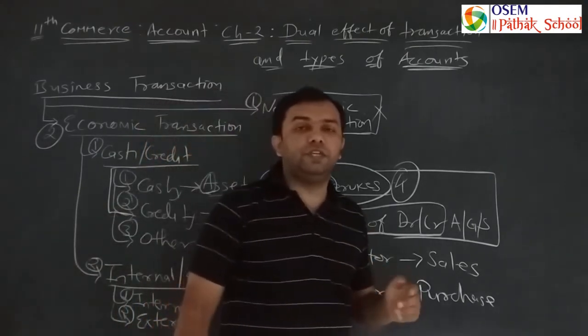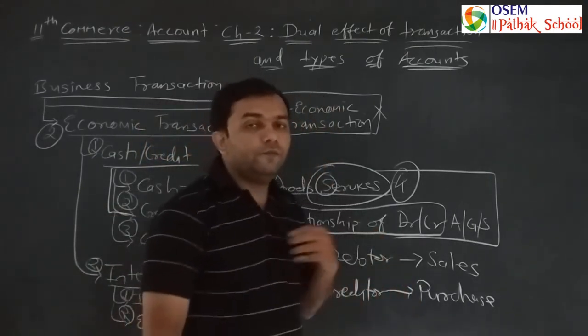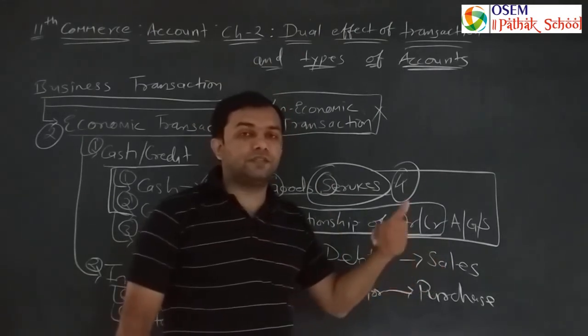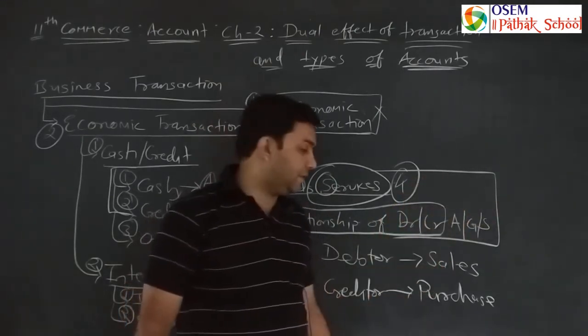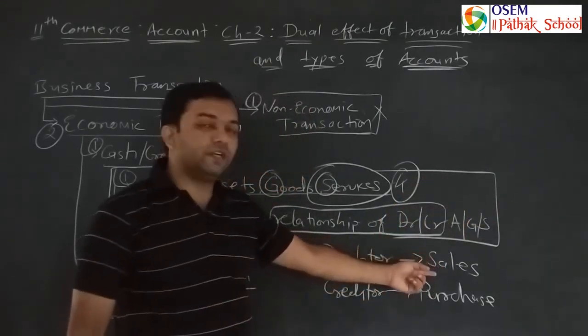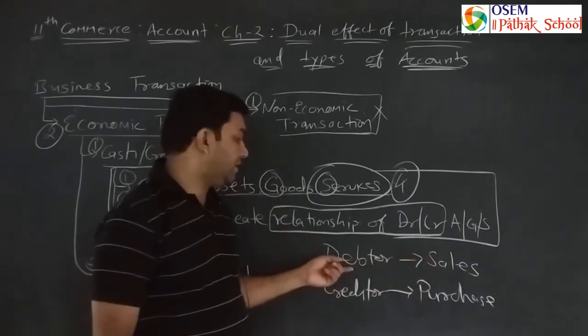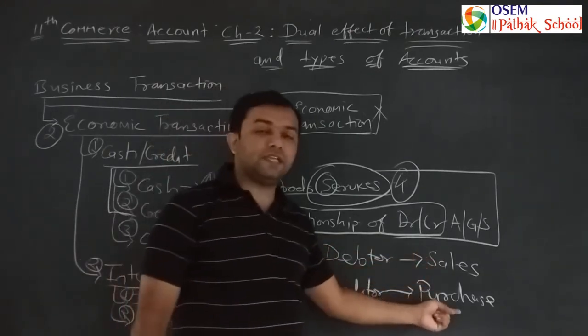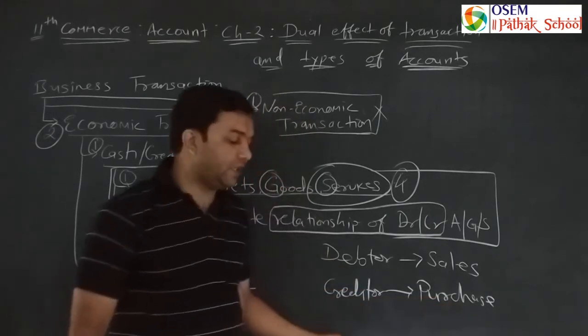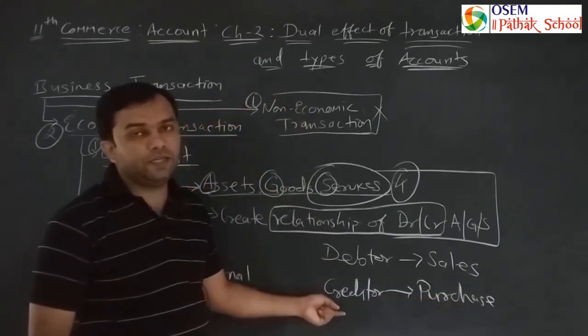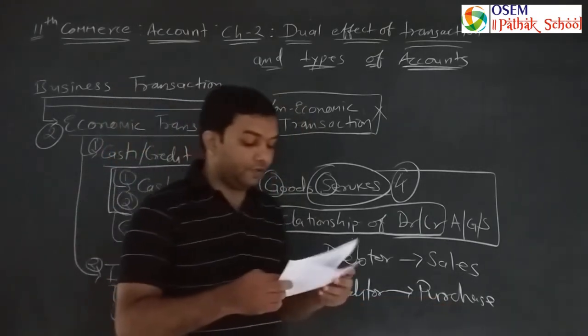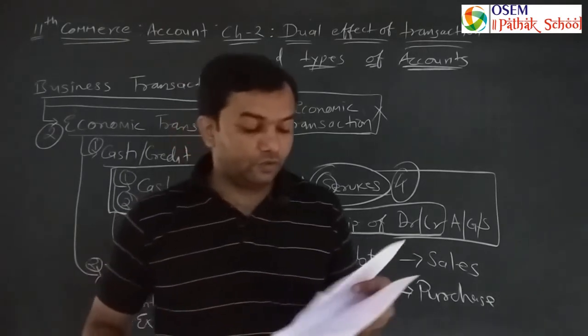So we need to think from our point of view. If we are selling the goods on credit, the person becomes debtor. If we are purchasing the goods on credit, that particular person becomes a creditor. We need to remember this particular topic.